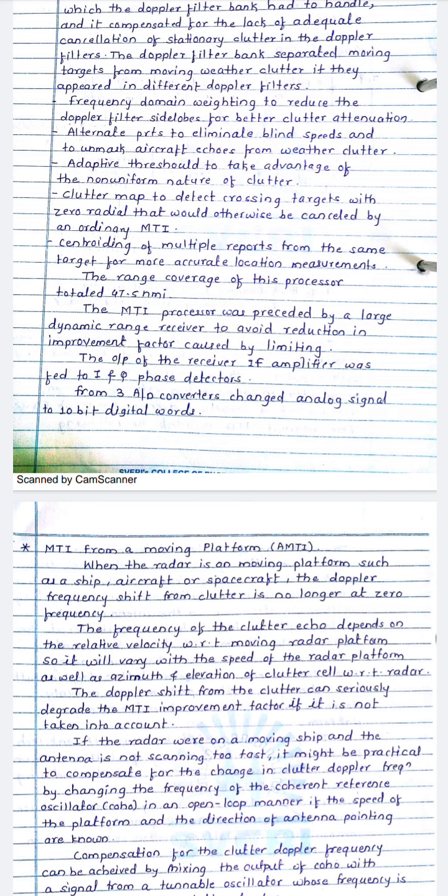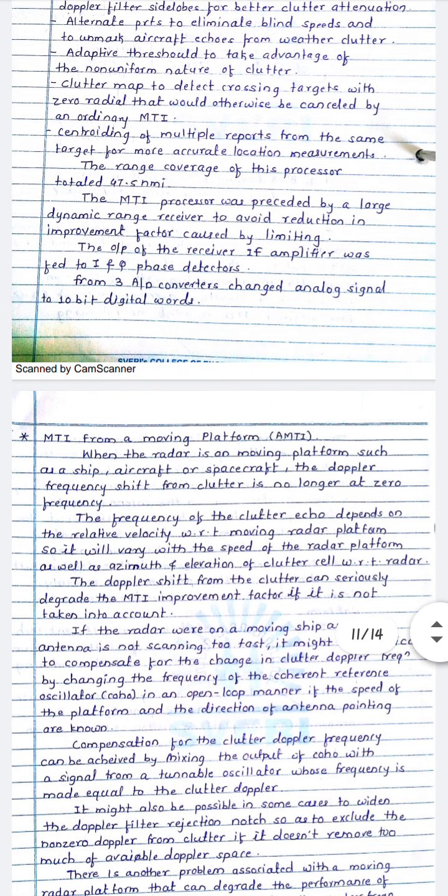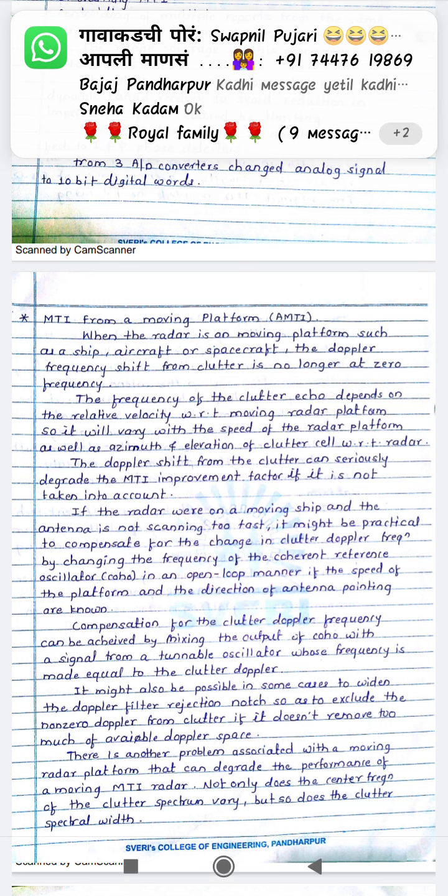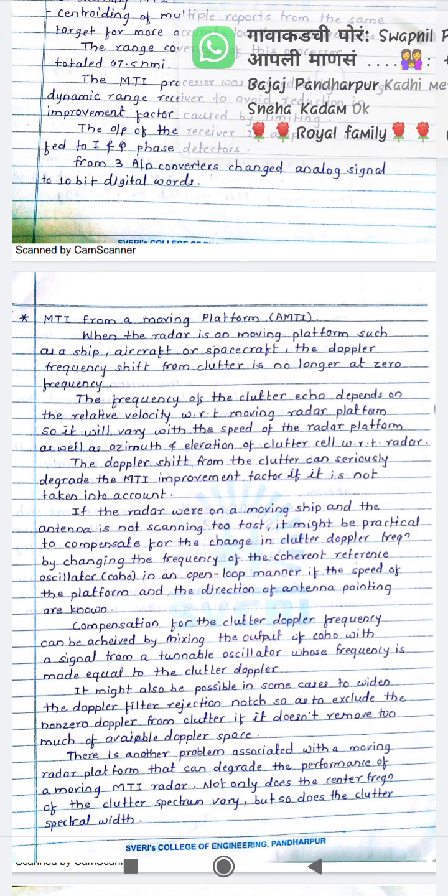The IF amplifier output was fed to I and Q phase detectors and then to 3 A to D converters, which changed the analog signal to 10-bit digital words.